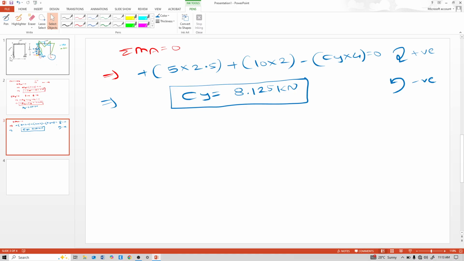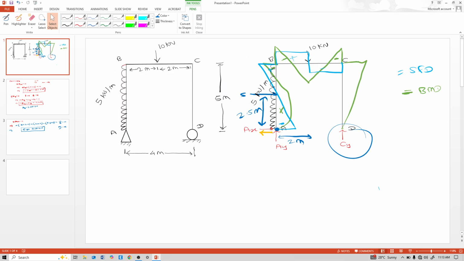See how mistakes happen while solving this moment and all. We consider here this force 5 kilonewton per meter as UDL, and the total length of this beam is 5 meter. So this 5 kilonewton per meter UDL acts on this 5 meter distance.